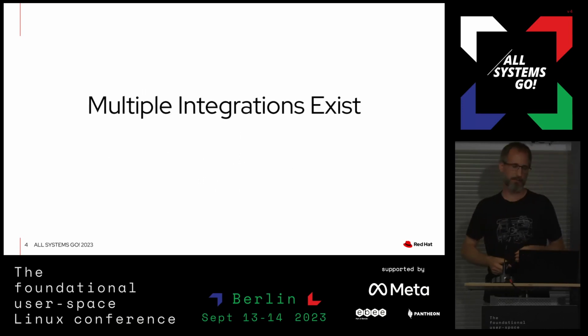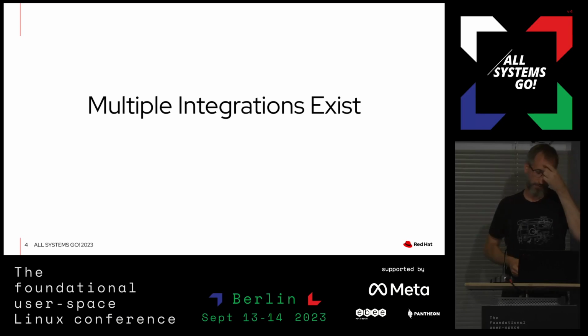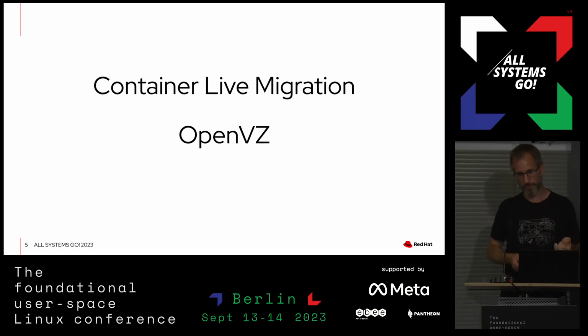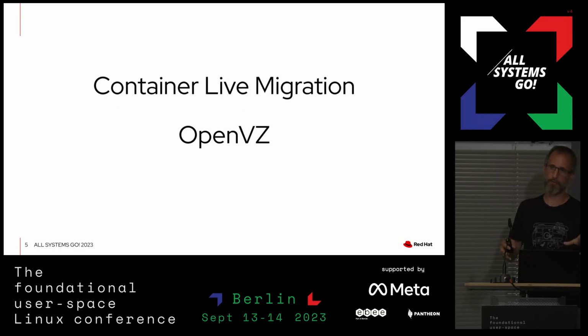There are multiple integrations of CRIU now for many years in different container runtimes, container engines, and container orchestration. The first one to mention, which I personally never used myself, is OpenVZ. They were building system containers long before the name container even existed, maybe. And they were looking for a way to migrate their system containers from one host to another host for fault tolerance or for load distribution and things like this.